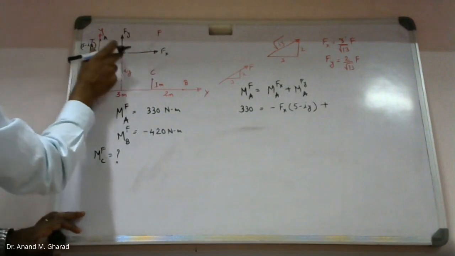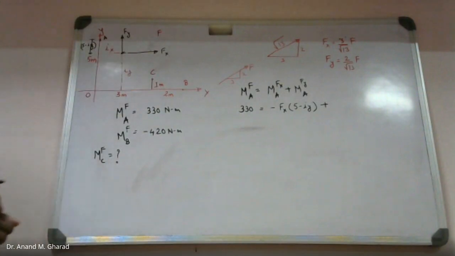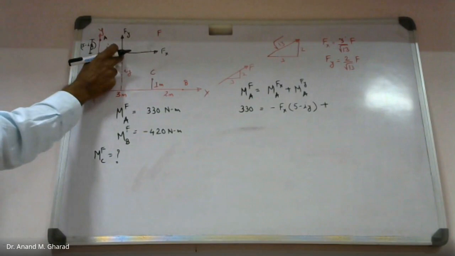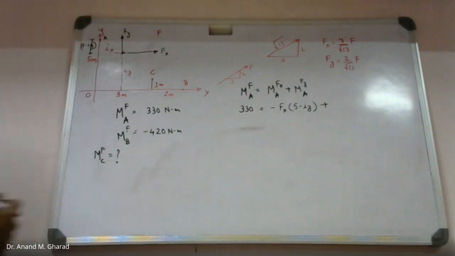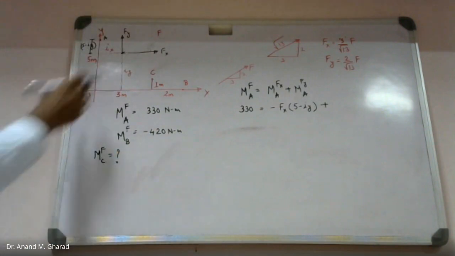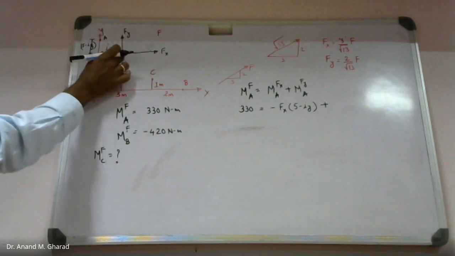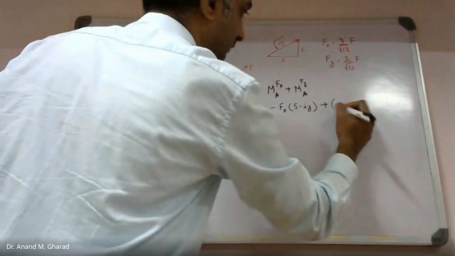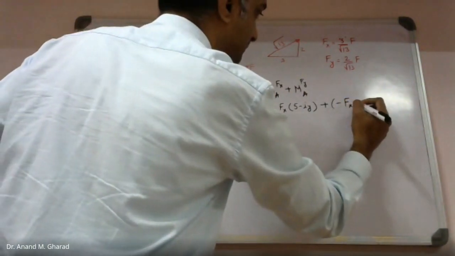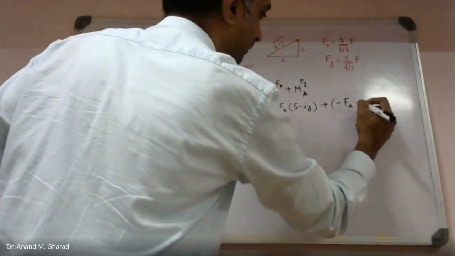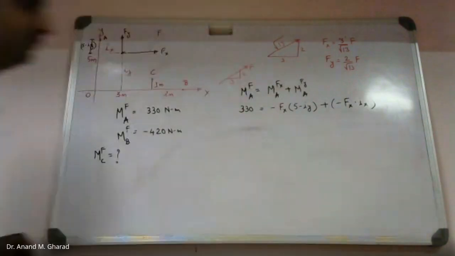Then Fy into what will be the perpendicular distance? Ix. Do you agree or not? Fy about point A, the distance is Ix. How will it rotate? Anti-clockwise, into Ix.